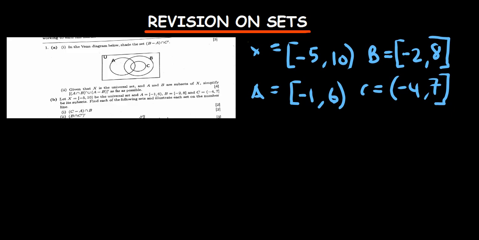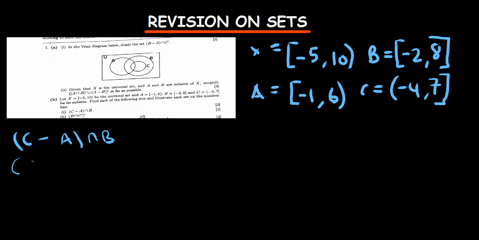Then they say find each of the following sets and illustrate each set on the number line. So what are those sets? We've been given C minus A intersect B. So this is what we have to find first. We can simplify this before we go further.